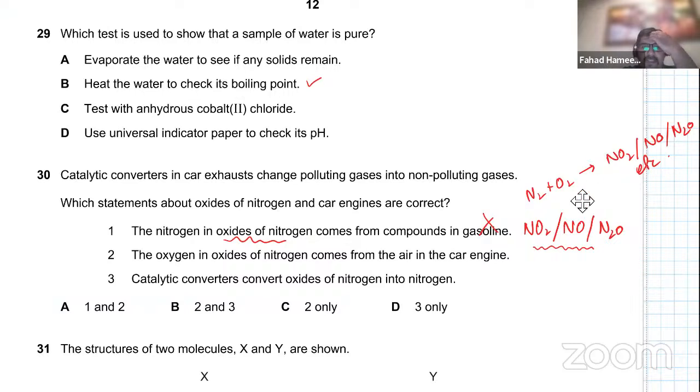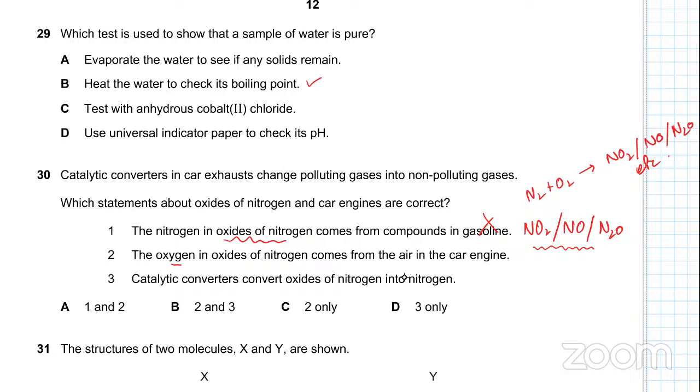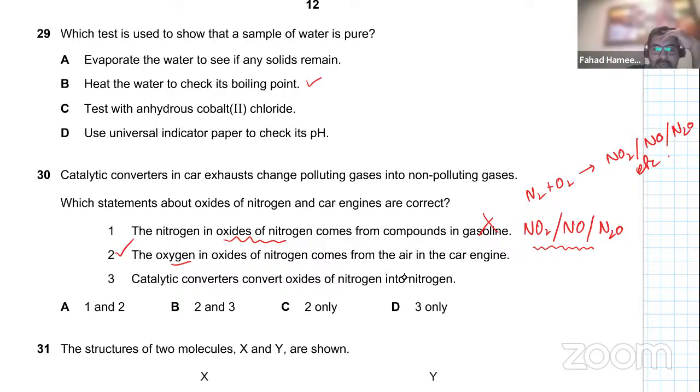On lightning strikes they will react and form these oxides, which will then turn into acid rain, okay? So one is wrong. The oxides of nitrogen come from the air in the car engine. Yes. The oxygen comes from there. So 2 is correct.